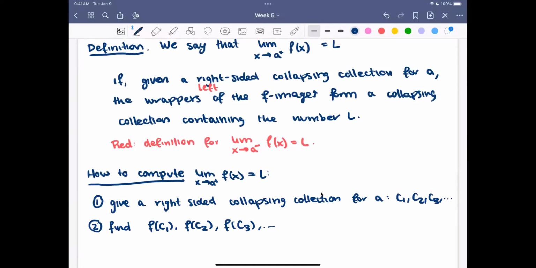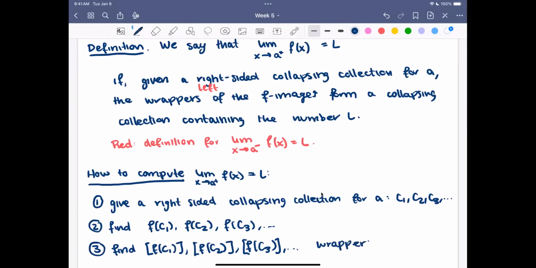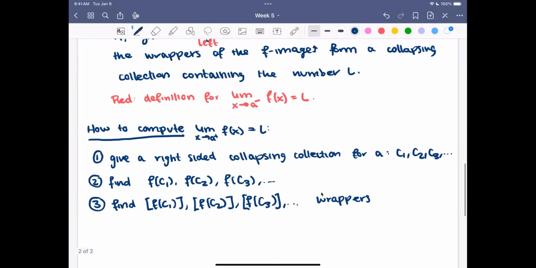And then we need to find the wrappers. And then we need to check whether or not these wrappers of the f images themselves form a collapsing collection containing some value.